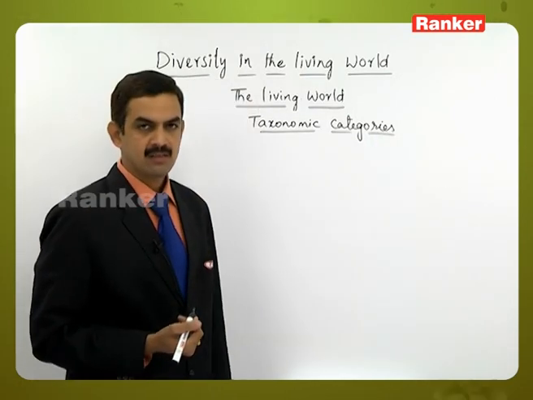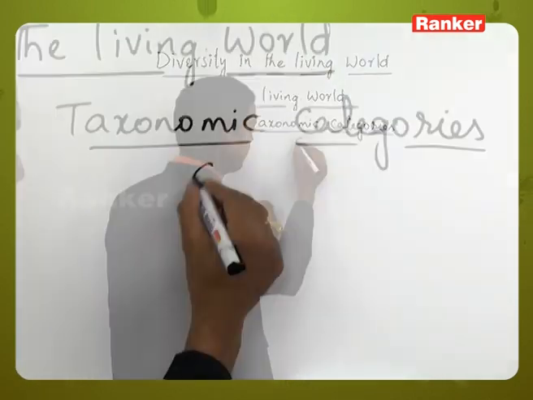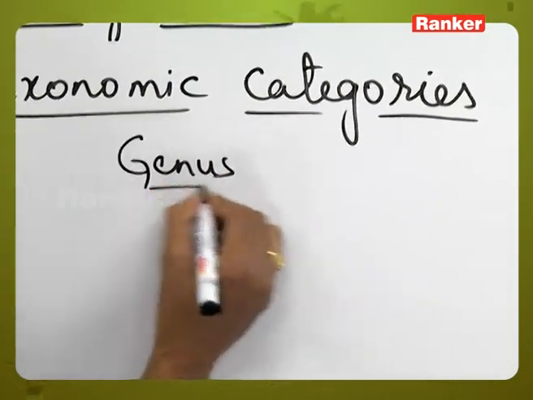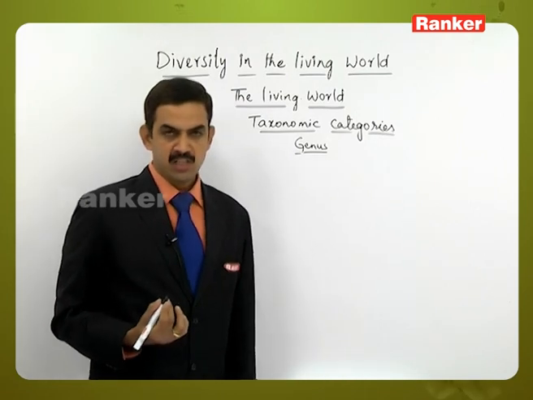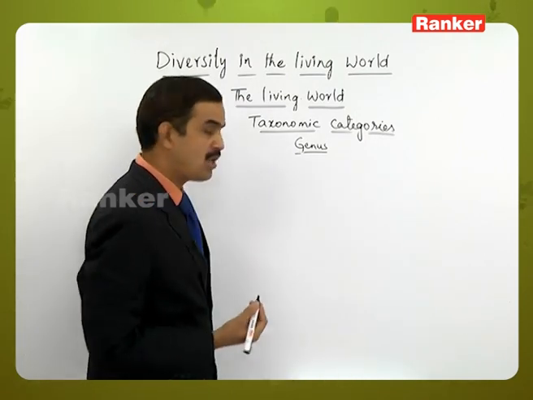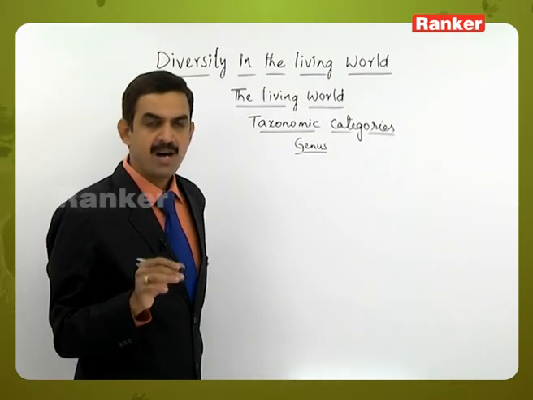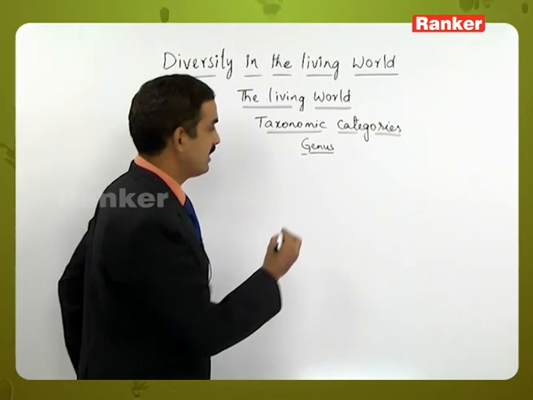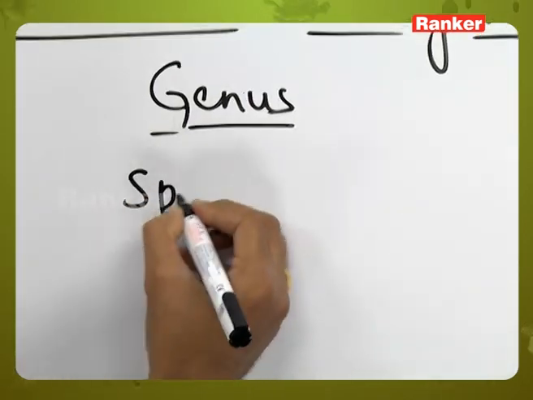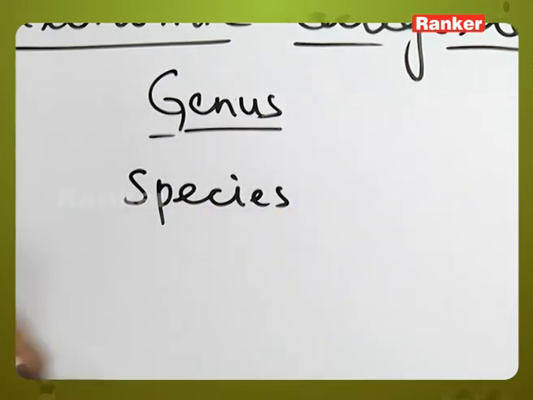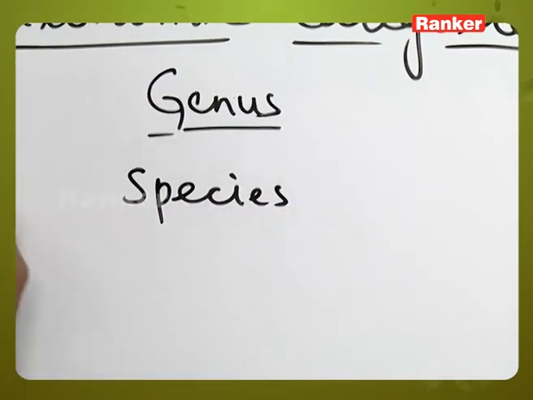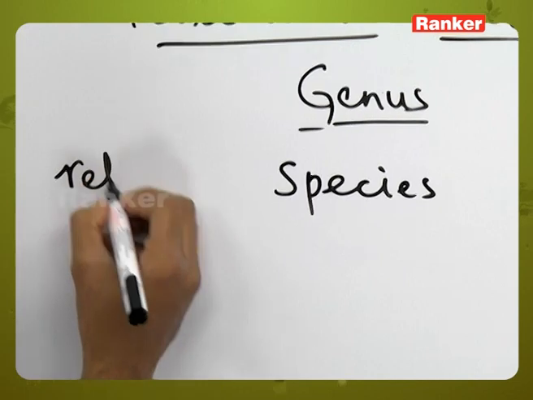In the taxonomic hierarchy, the next one is the genus. Genus includes individuals belonging to different species, but they should have some similarities, that is, related species.